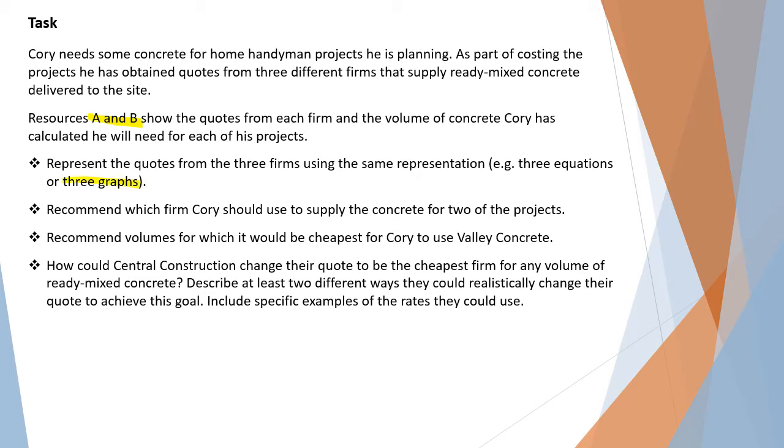In other words, three graphs, or one graph with three lines. You are then asked to recommend which supply of concrete you should use for two projects, and then talk about Valley Concrete. Then the excellence question, a harder question: how do they change their quote to become cheaper?